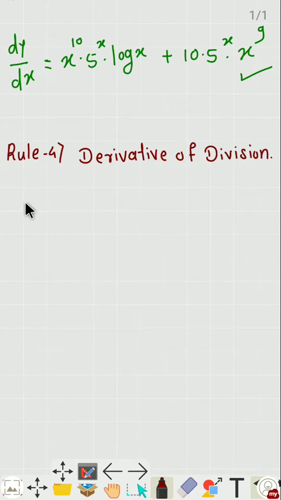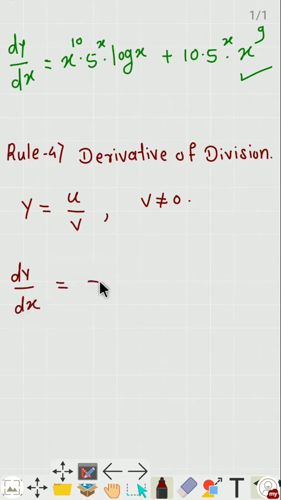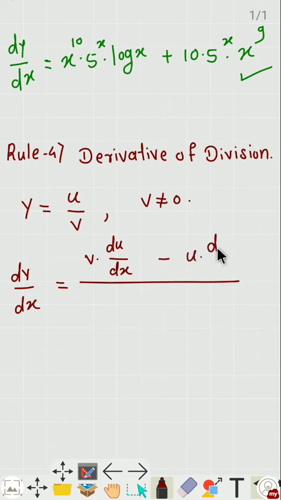So the rule is very simple. The rule says that if y is a division of two functions u upon v, where v function is a non-zero function, and u and v are functions of x, then the derivative of y with respect to x is equal to v into derivative of u with respect to x minus u into derivative of v with respect to x, divided by v square.